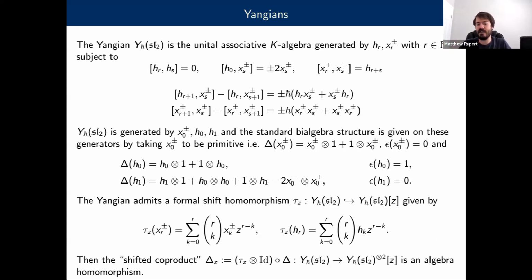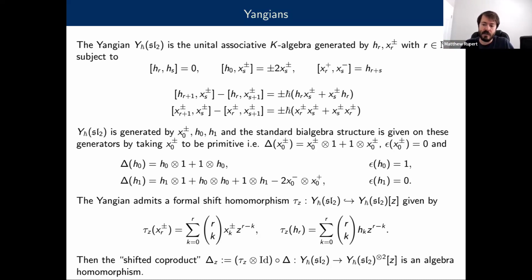Then we can define the shifted coproduct by composing the coproduct with this shift homomorphism tensored with the identity. I claim we can put some additional structure on Y such that this map gives us a quantum vertex coalgebra.